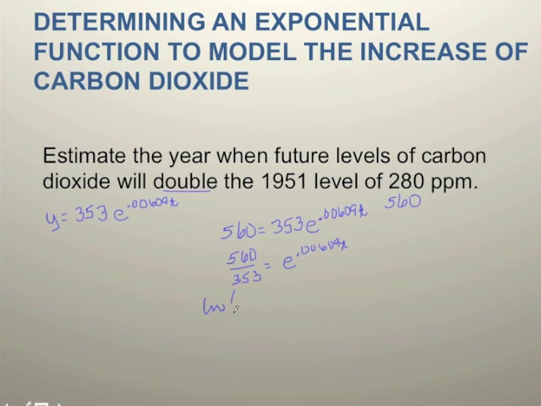So ln of 560 over 353 equals 0.00609 t, or t will equal ln of 560 divided by 353, all over 0.00609.